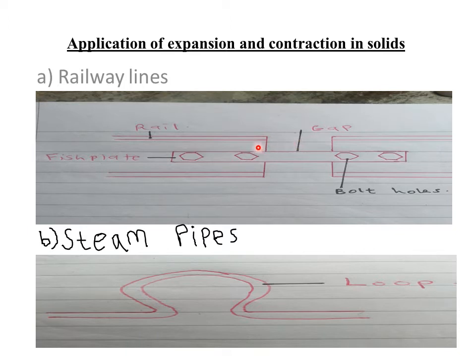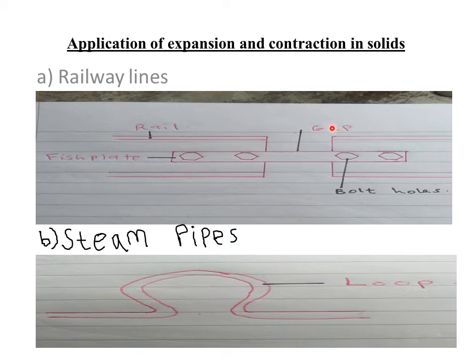Remember, when the temperatures are high, mostly in the afternoon, the rails, because they are made of metallic materials, usually expand. Now imagine a scenario whereby this rail is expanding, and this one is also expanding. Assuming there was no gap or space between any two rails, the railway lines would bend upwards, because to expand means to increase in size.